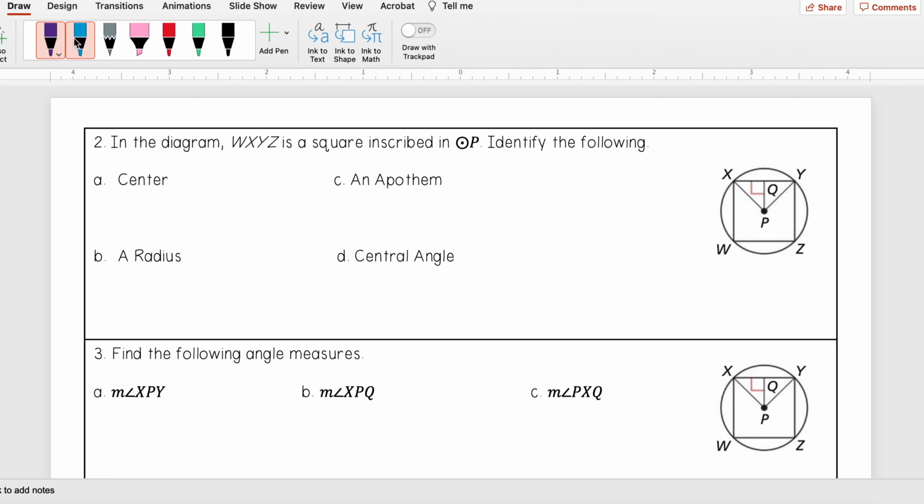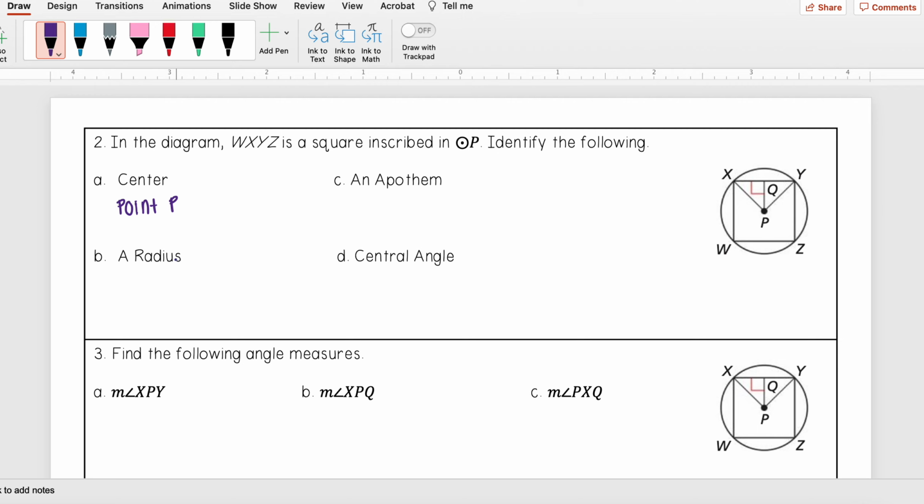Okay, let's try another example. In the diagram, WXYZ is a square inscribed in circle P. Identify the following. First I want to identify the center. We learned in our vocabulary that the center of the polygon is just the center of the circle, so that's point P. Next, I want to identify a radius.